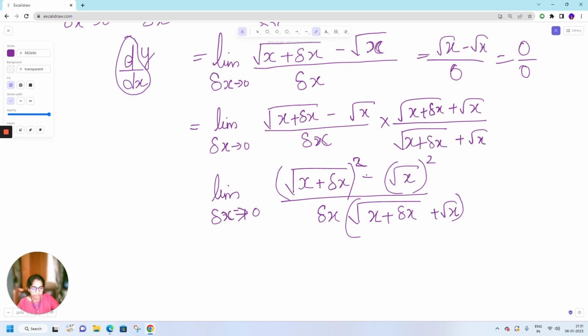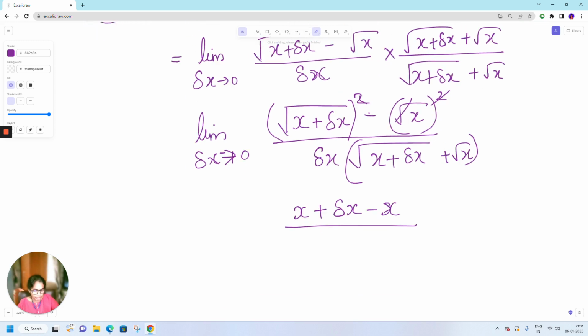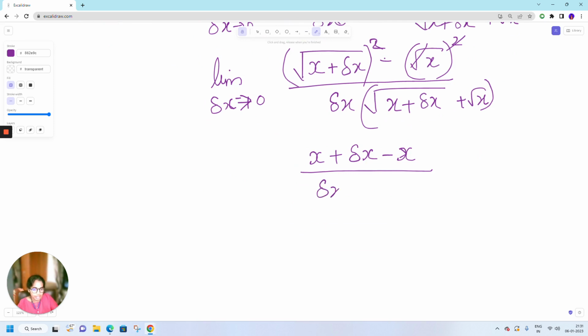Now what happens in the numerator? The square and the root get cancelled. Agree? So what would I get? I would get x plus del x minus, even here the square and the root get cancelled and I would have only x, divided by del x into square root of x plus del x plus root x.